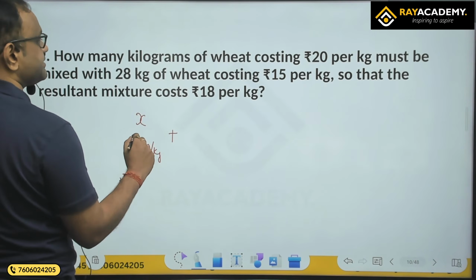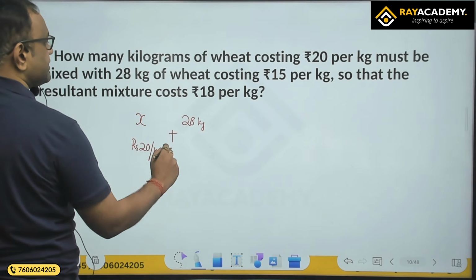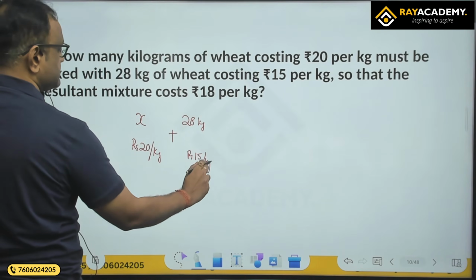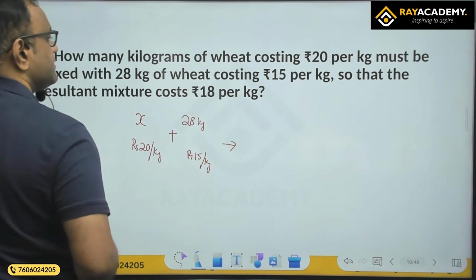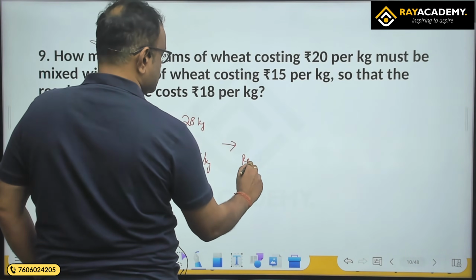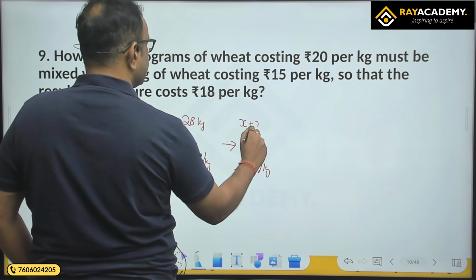And it is mixed with what? 28 kg of wheat costing 15 rupees per kg. And what is the average? Resultant mixture is 18 rupees per kg. Total weight will be x plus 28.